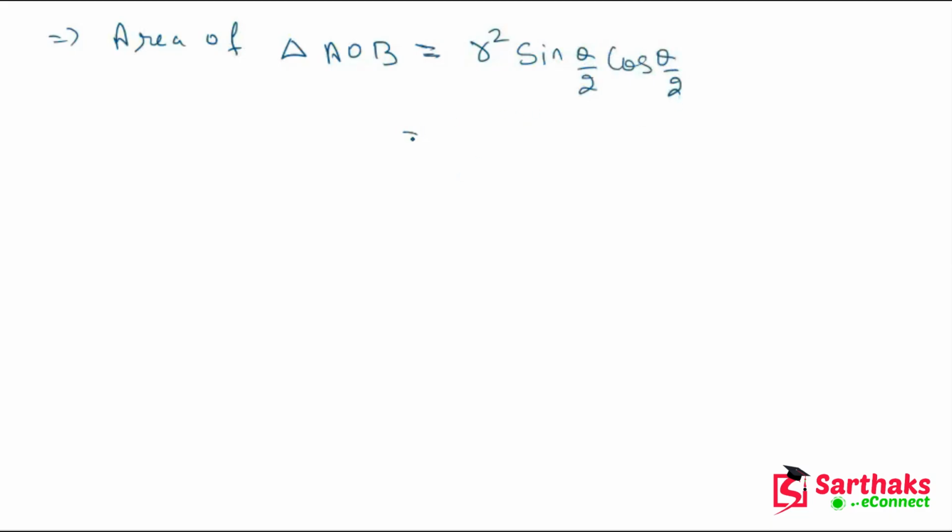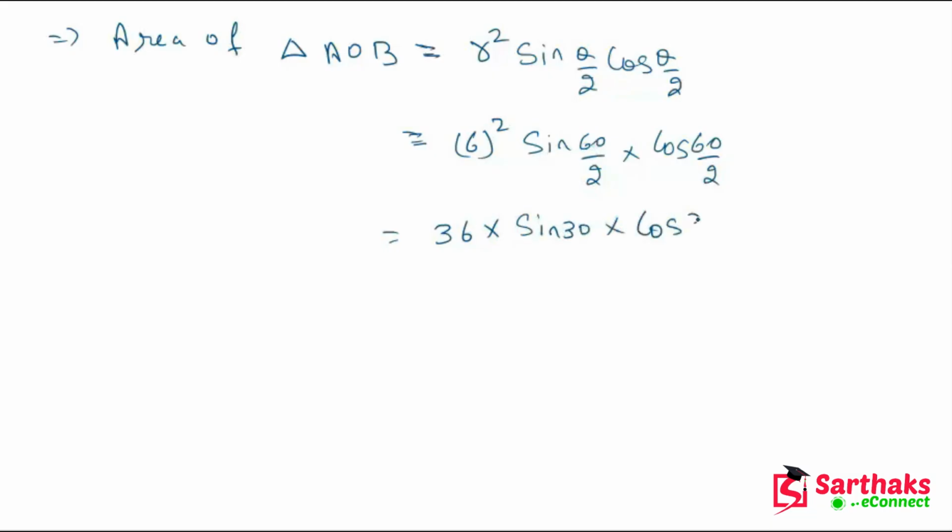So we know the value of r is 6 square, and sine theta by 2, where theta is 60, divided by 2, into cos 60 by 2 again. So this will give 36 into sine 60 by 2, means sine 30 degree, into cos 30 degree.